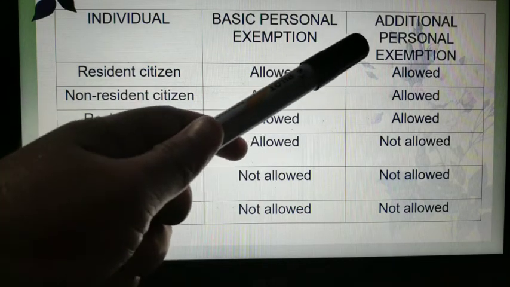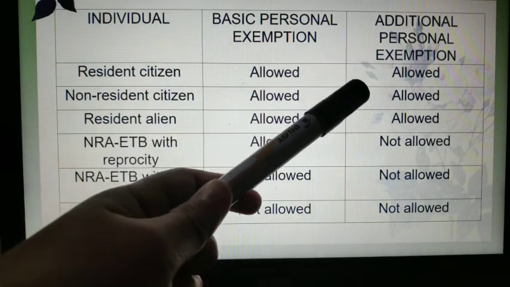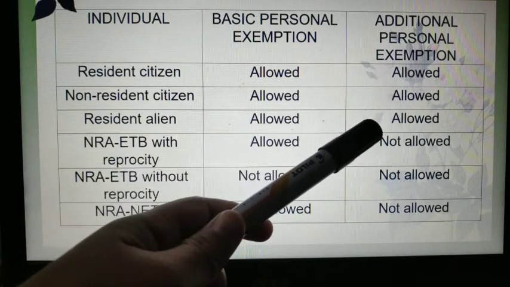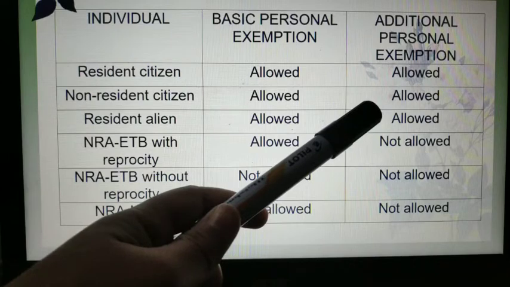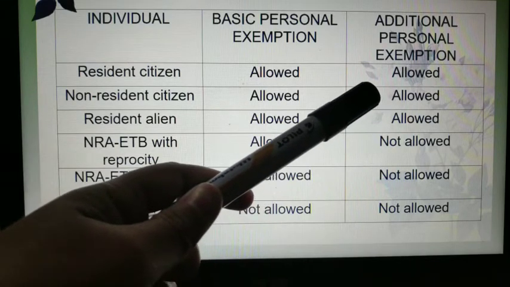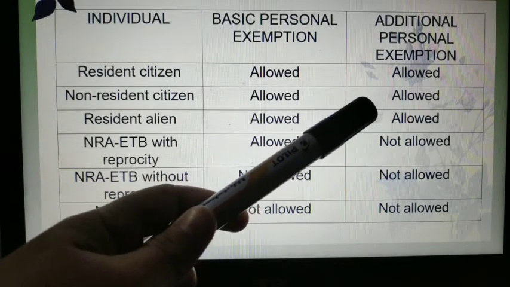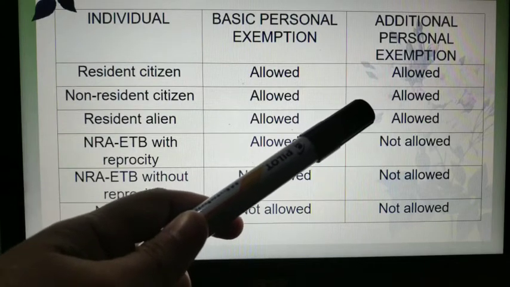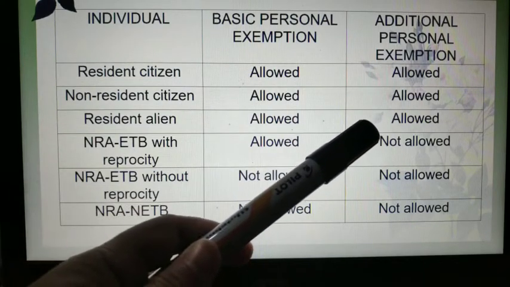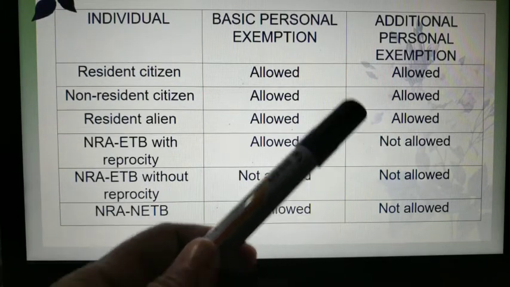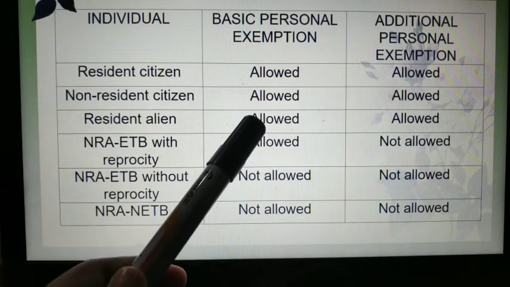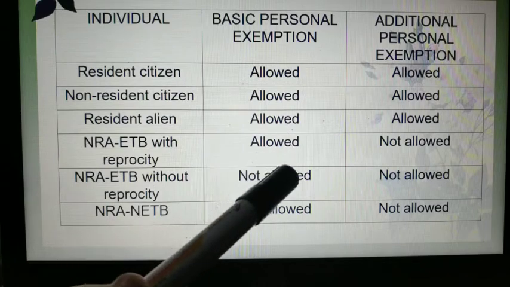For the additional personal exemption, yung tatlo lang ang pwede or allowed for the 25,000 additional exemptions for the dependent. If isa yung anak mo, may 25,000 ka na less. If dalawa, may 50,000 ka na less, aside from the 50,000 which is the basic personal exemption.